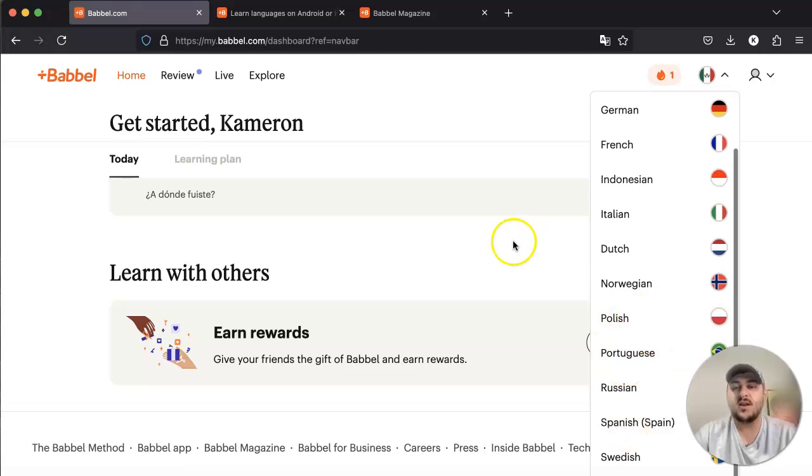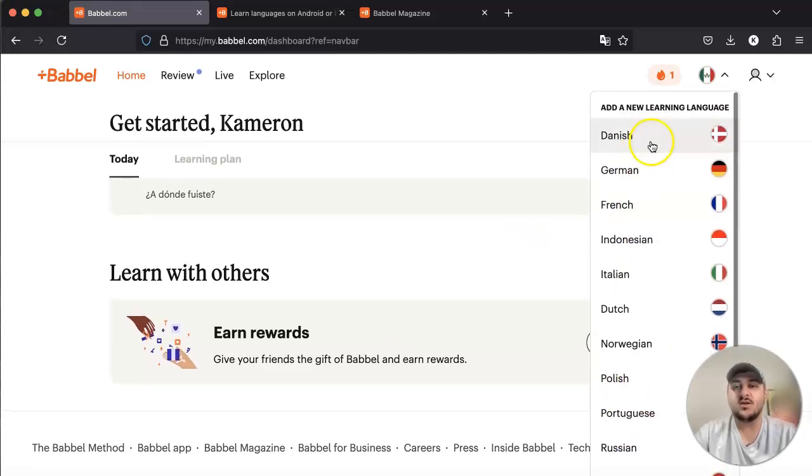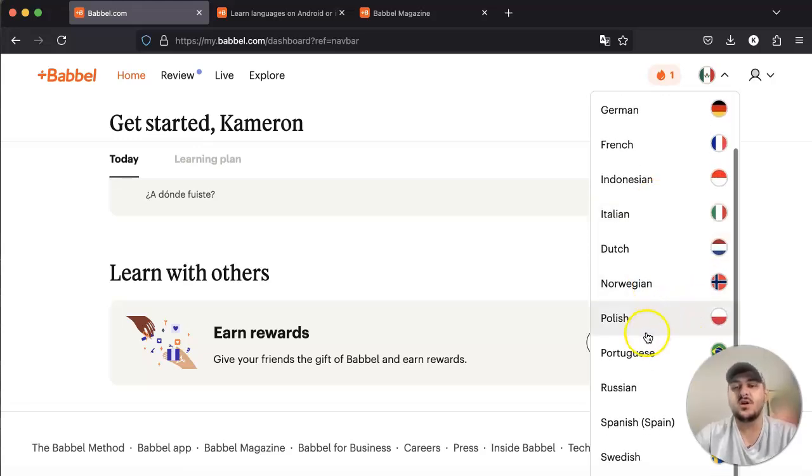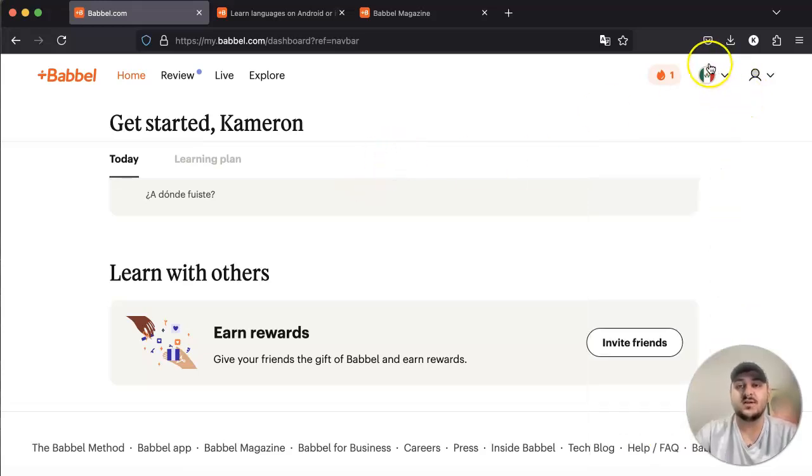And then the ones it offers here are Danish, German, French, Indonesian, Italian, Dutch, Norwegian, Polish, Portuguese, Russian, Swedish, Turkish, and then they do differentiate their Spanishes. One is the European Spain Spanish, and then the one I've chosen, of course, is the Latin American Spanish, as that's the students that I work with primarily.